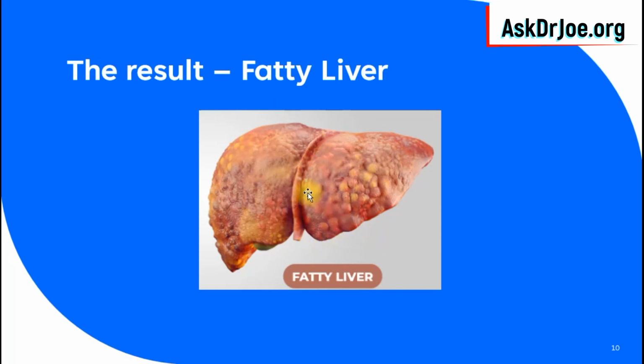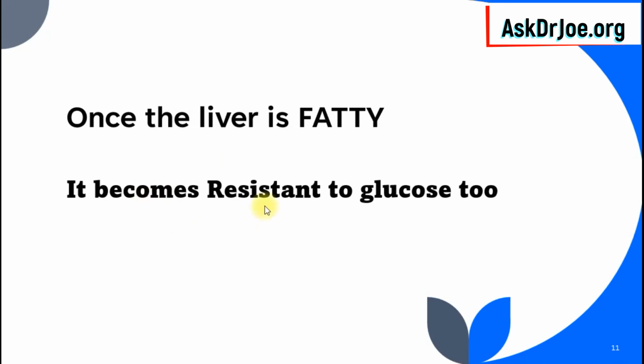Once you have fatty liver, the liver itself now becomes resistant to glucose as well. It stops taking up the glucose. So it now gets to the point where the liver is saying no to the glucose, just like the muscles did.